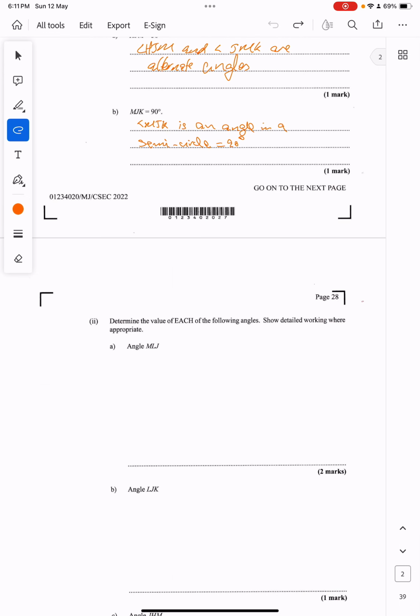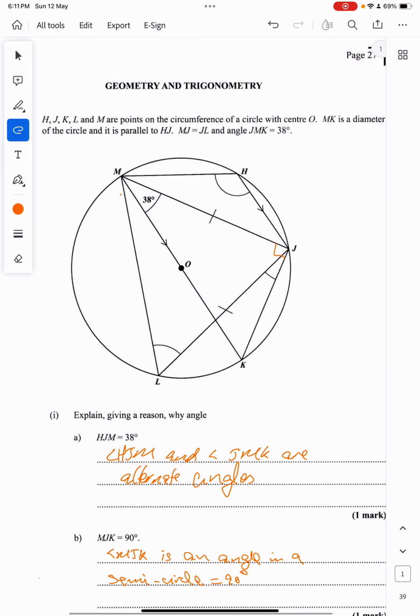All right, so we're to determine the value of each of the following angles and show detailed working where appropriate. So we want angle MLG, so that's this angle here. We just found out that here was 38 and we have 90 up here, right?